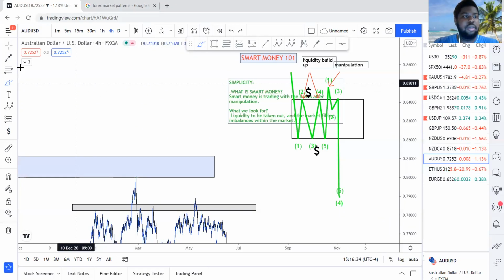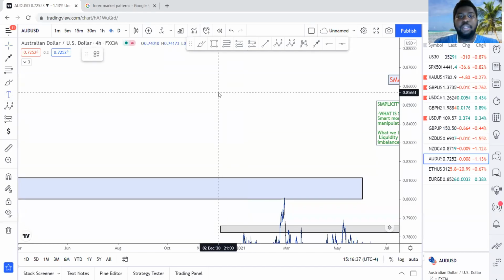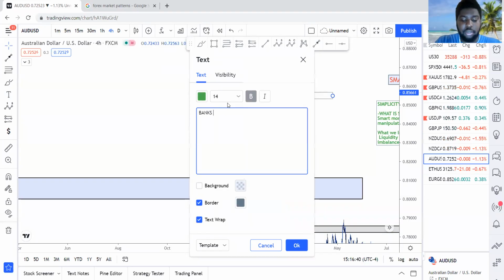And it's something I've recently learned as well, is banks sell higher and buy lower, right?